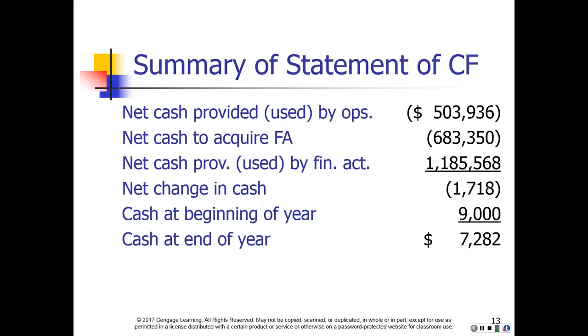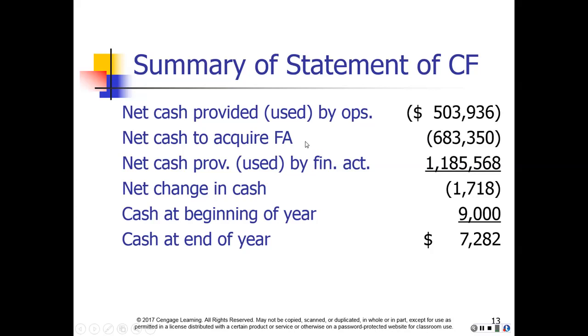Okay, so now let's put those three together. First, we had found that net cash used by operations was 503,936. Next, net cash used in acquiring fixed assets, 683,350.